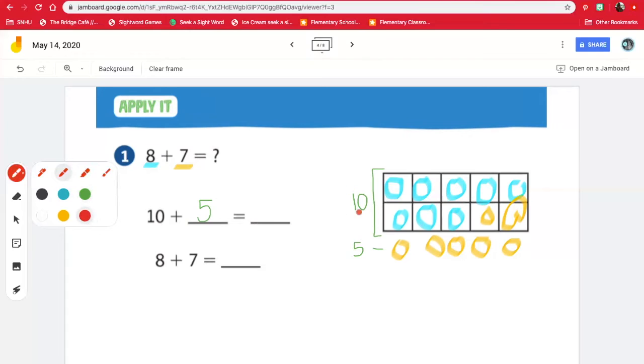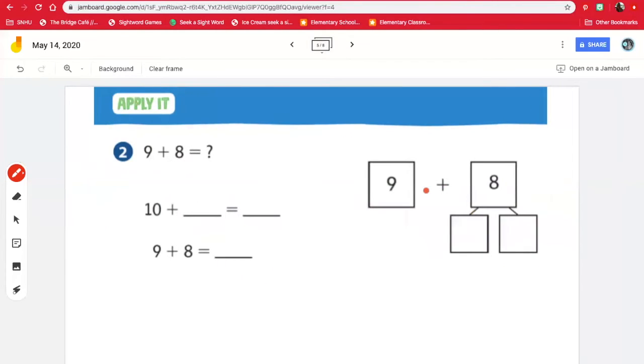So we have 10, 11, 12, 13, 14, and 15. So 10 plus 5 is 15, which means that 8 plus the 7 yellow is 15. We could check by counting the blue, 8, 9, 10, 11, 12, 13, 14, 15.